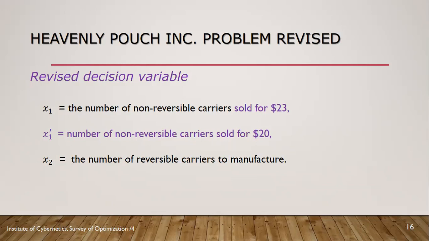X sub 1 now will mean the number of non-reversible carriers sold for $23, and we know that X sub 1 is no more than 350 units. Now we introduce a new variable, X sub 1 prime, which reflects the number of non-reversible carriers sold for a discounted price of $20. The definition of the number of reversible carriers, X sub 2, will remain the same.